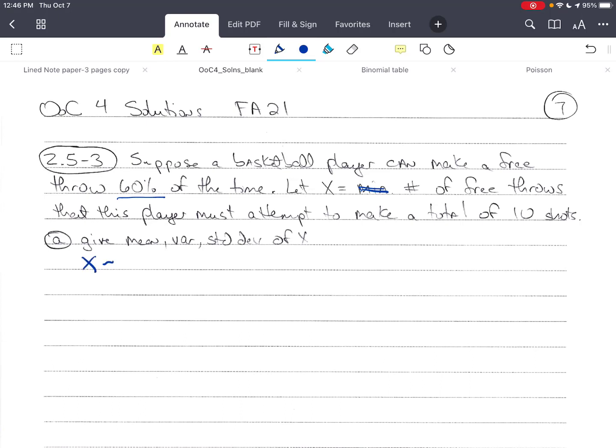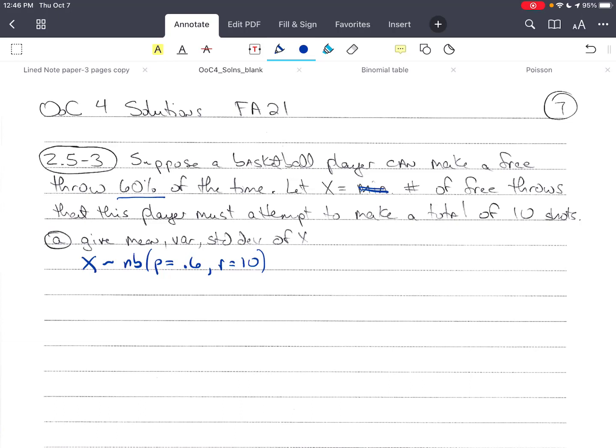Well, x is a negative binomial with p equal to 0.6 and r, let's see, so free throws to make a total of 10, r is 10. Okay.